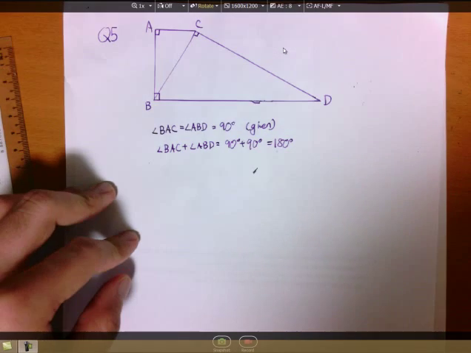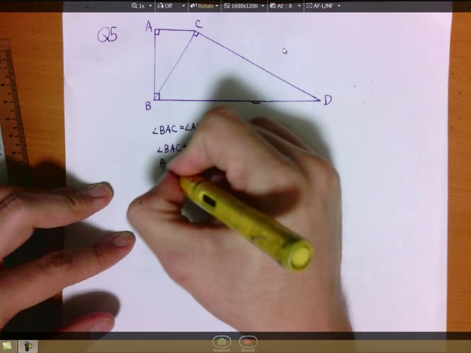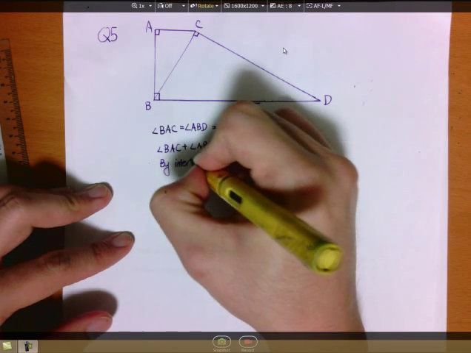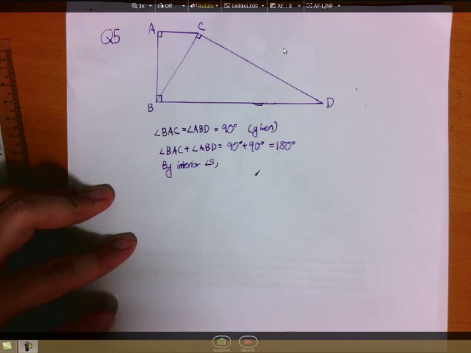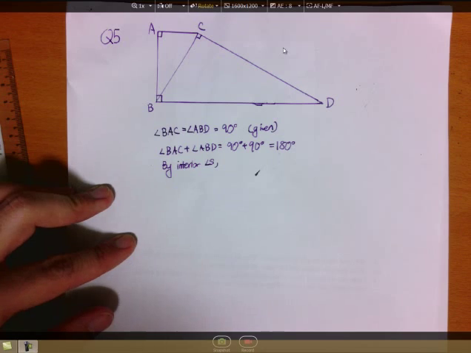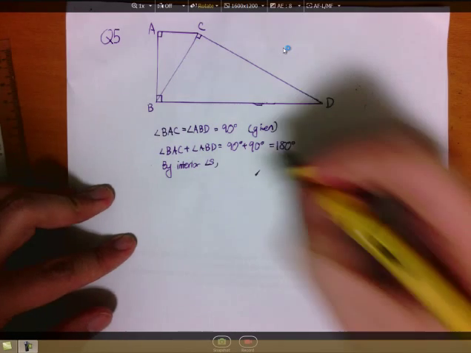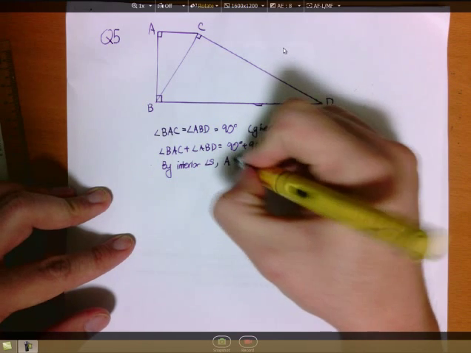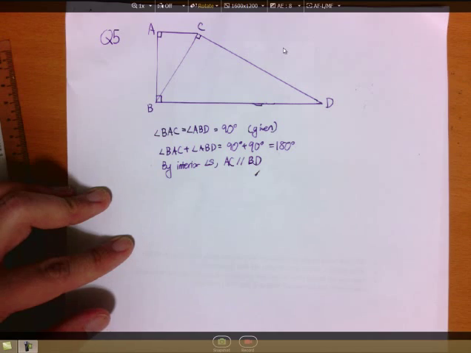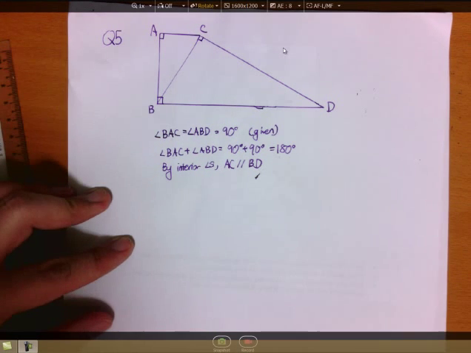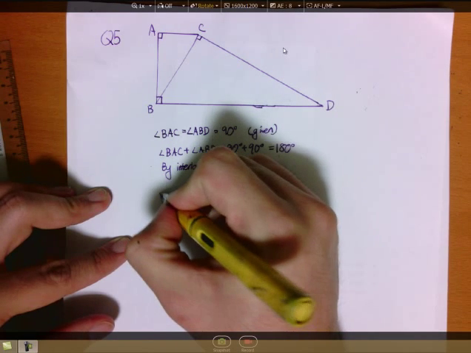So by writing this statement, I've shown that by interior angles, because the sum of interior angles is equal to 180 degrees, I have shown that AC is parallel to BD. Since interior angles only work with parallel lines, now I can say this.